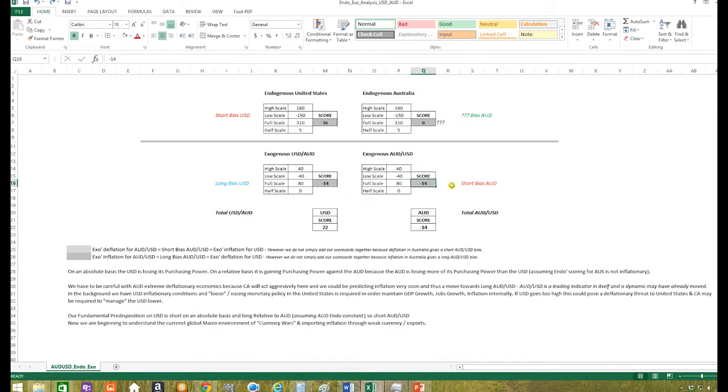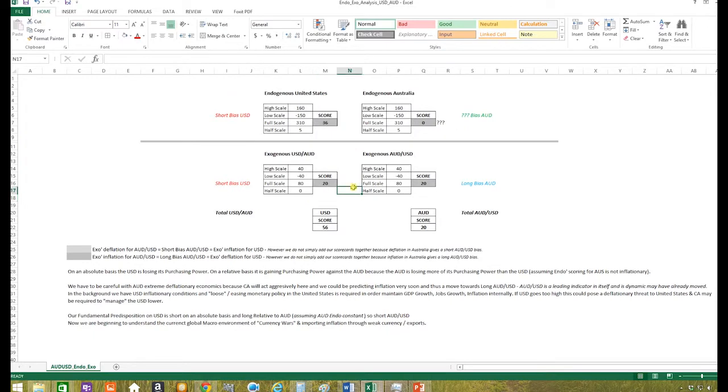Well, this would mean that we have inflation or inflationary conditions on the side of the Australian economy, and we would end up having a long bias on the Australian dollar, US dollar exchange rate. So we would end up with a short bias on the side of the US dollar. And this number is now contributing positively to the overall analysis on this side.